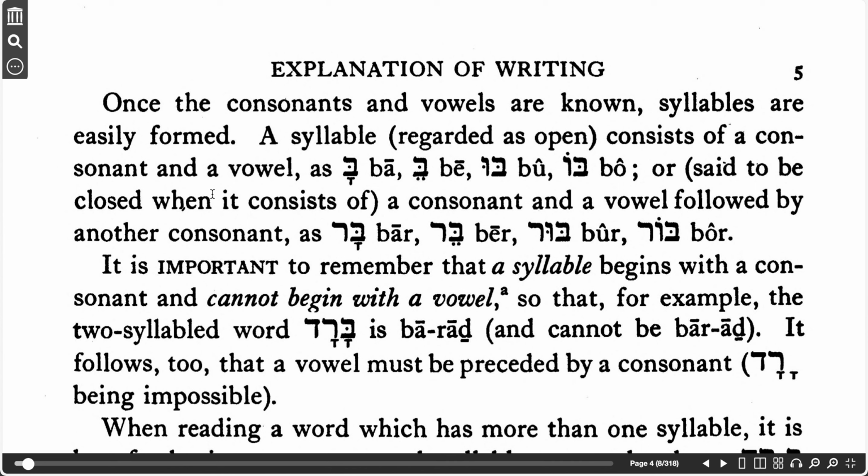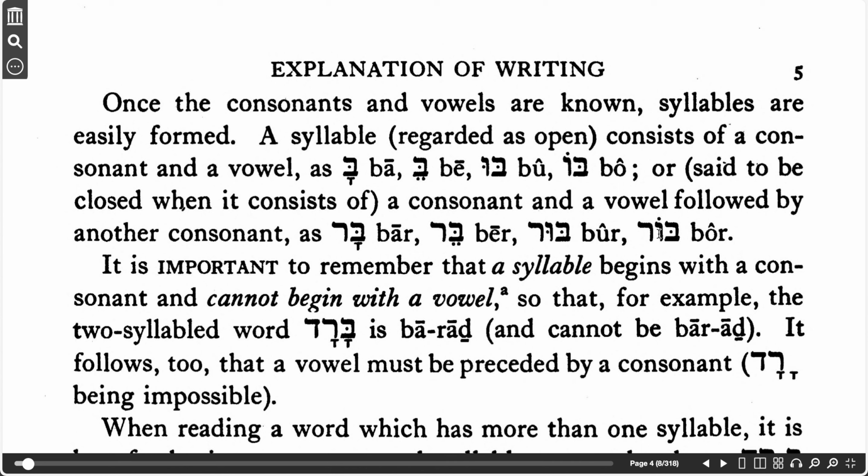A syllable is said to be closed when it consists of a consonant and a vowel followed by another consonant. So it's a CVC pattern, not just CV. CV is open, CVC has two consonants in it with a vowel in between. So you have bar, bear, boor, and bore.